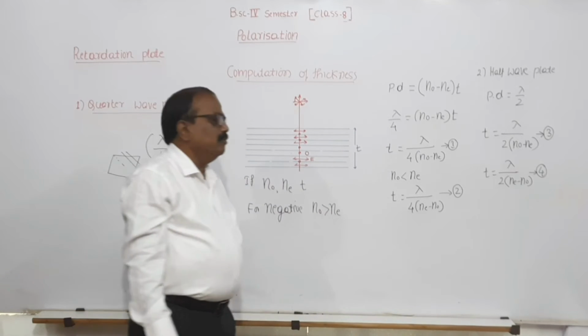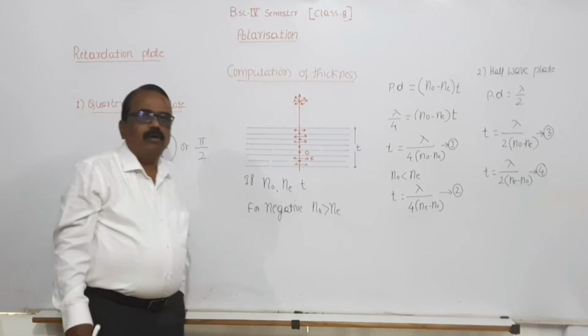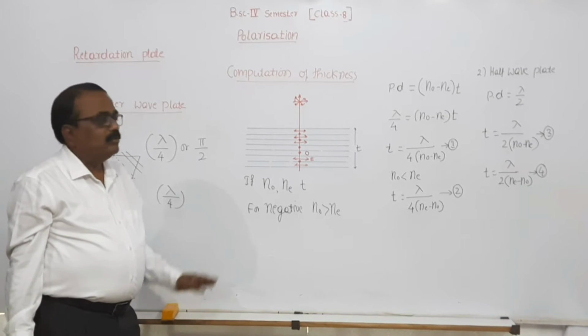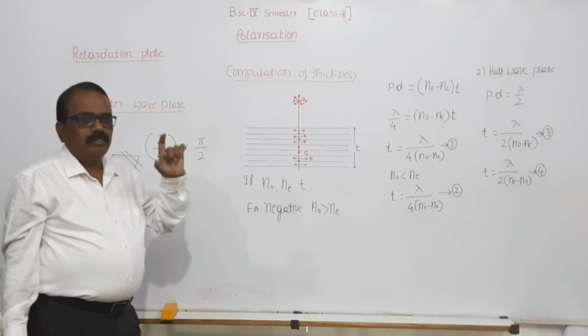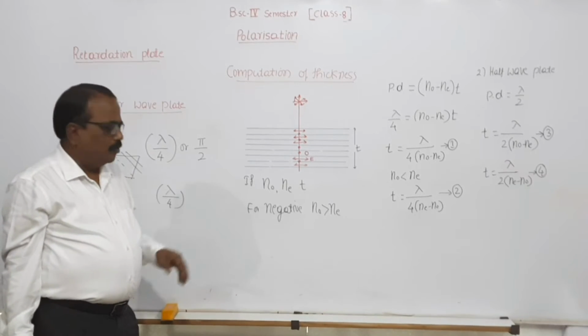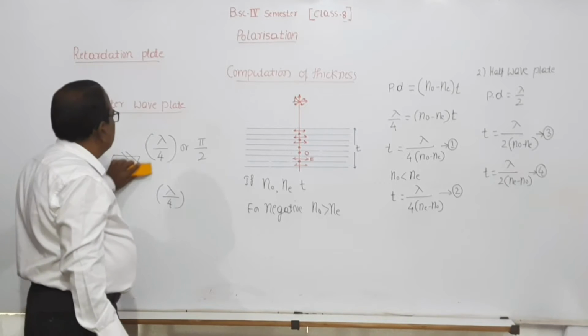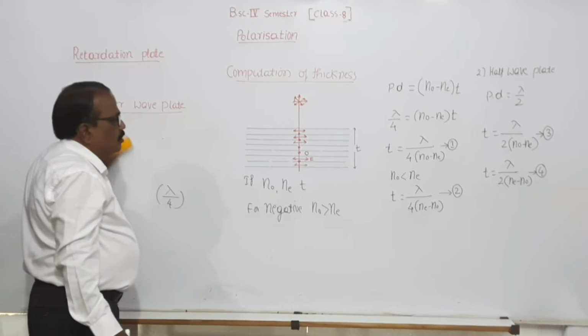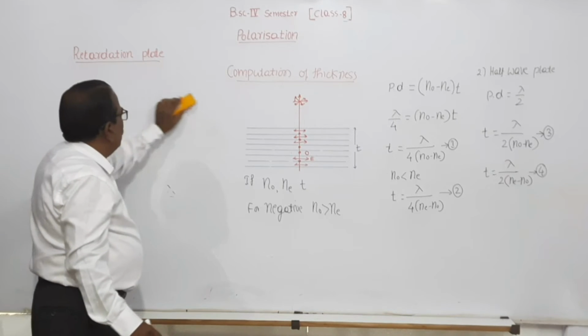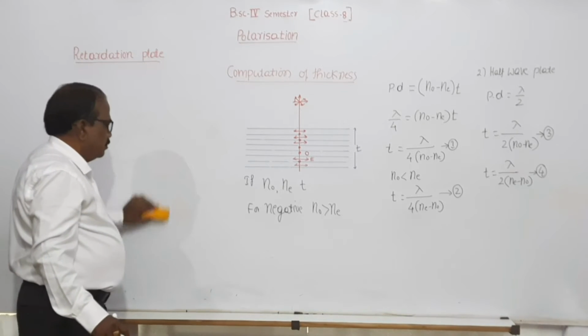In this manner, we compute the thickness of the retardation plate. If the thickness produces a lambda by 4 path difference, it is called a quarter wave plate. If it produces a path difference of lambda by 2, it is called a half wave plate.